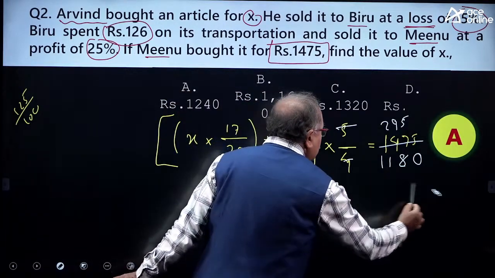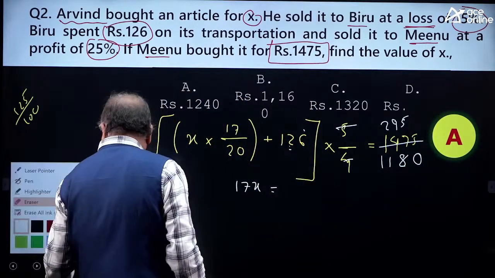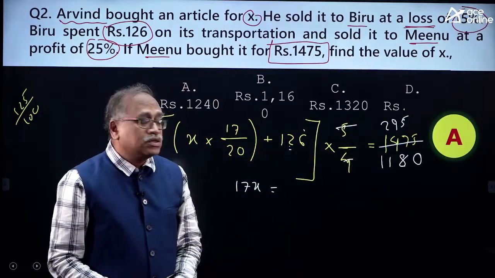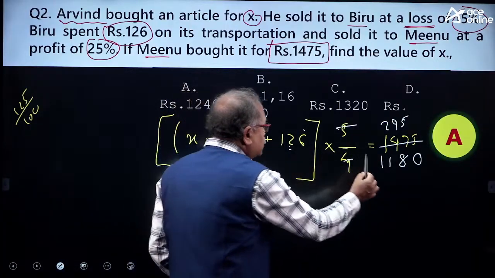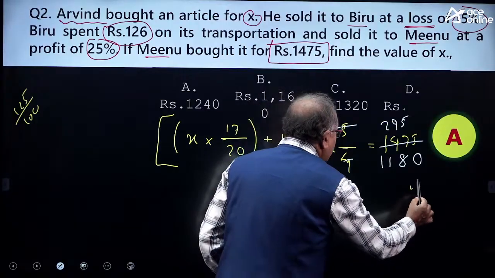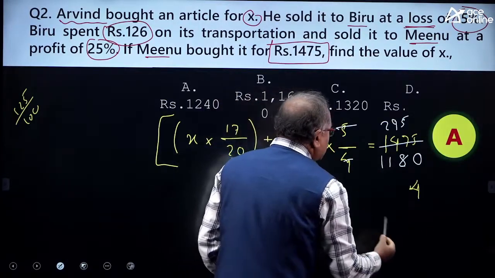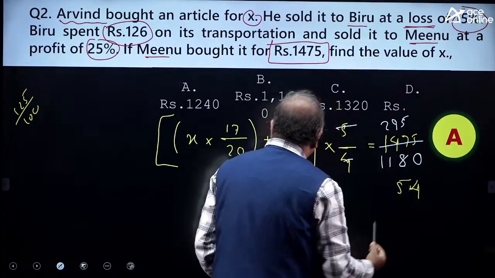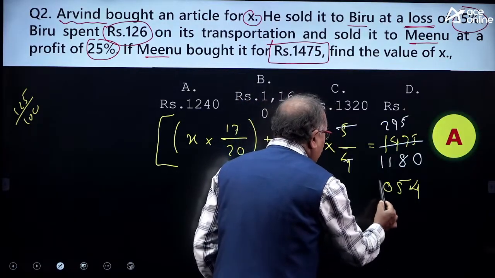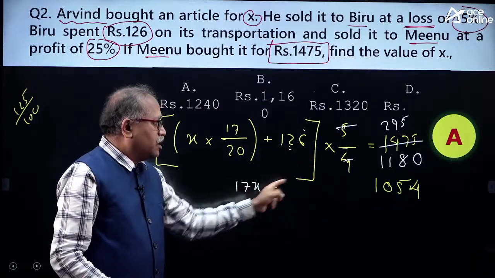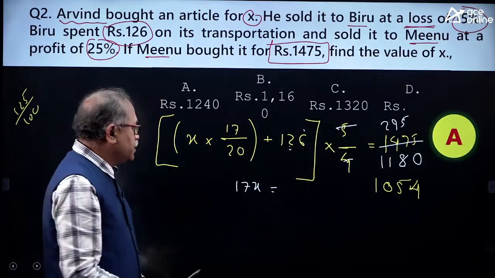Now, once I got this value, then what I am going to do here, I will take out 126 on the other side. It will become minus. So, I will get 4 over here and 10 and 7 minus 2, that is 5 over here, and the 0 here and 1 here, and I need to multiply this number by 20 and cancel it by 17.